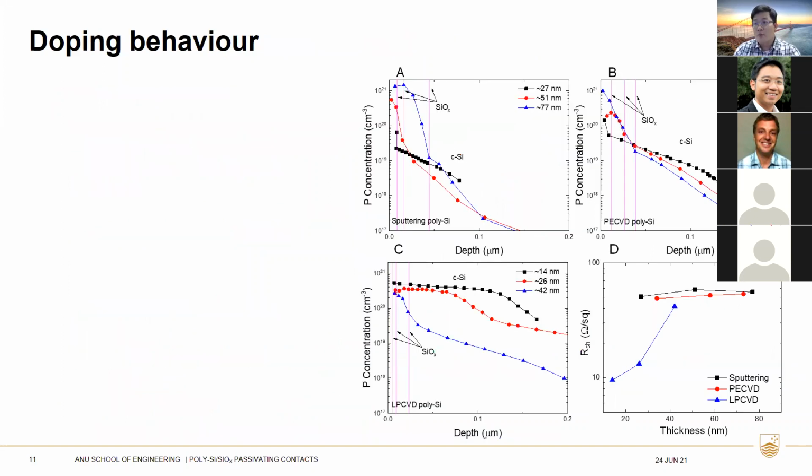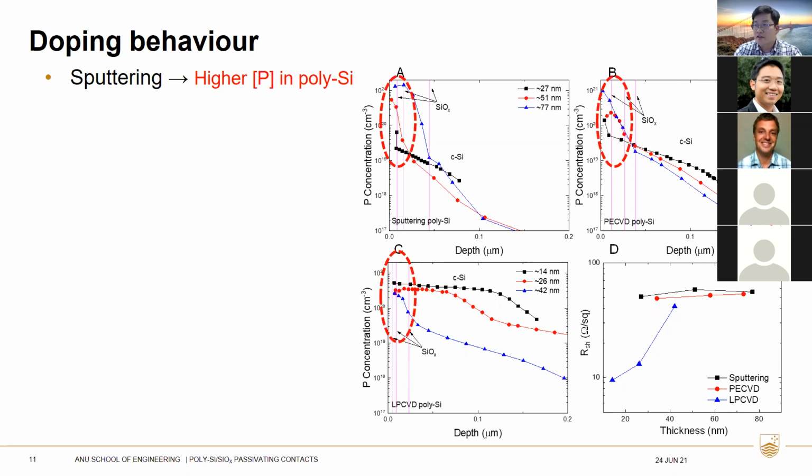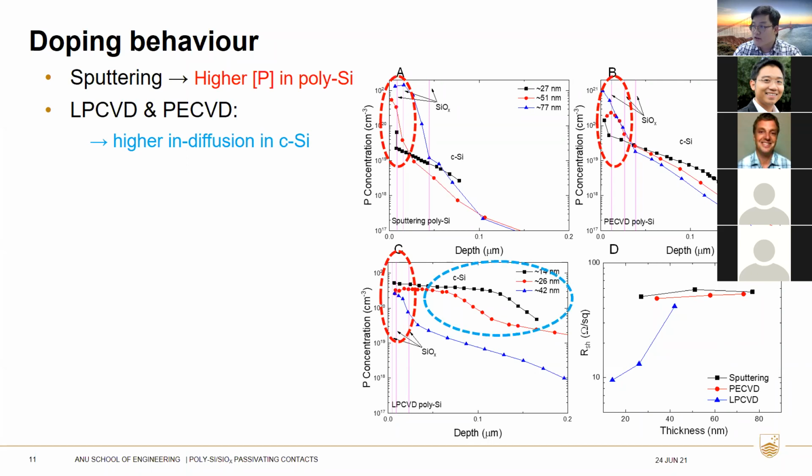Let's compare the doping behavior between the different methods. For sputtering, we see higher phosphorus concentration inside the polysilicon film. On LPCVD and PECVD profiles, we see higher indiffusion in the crystalline silicon substrate. That verifies the PL results I mentioned before.